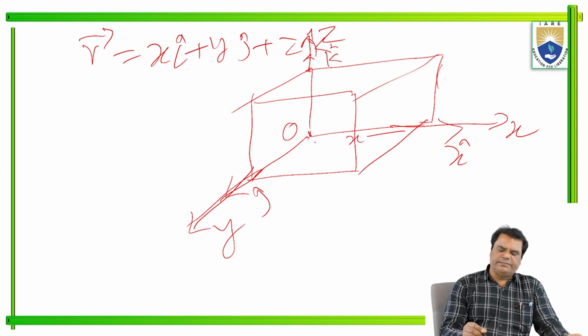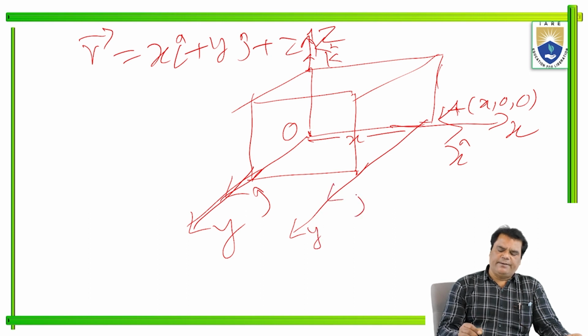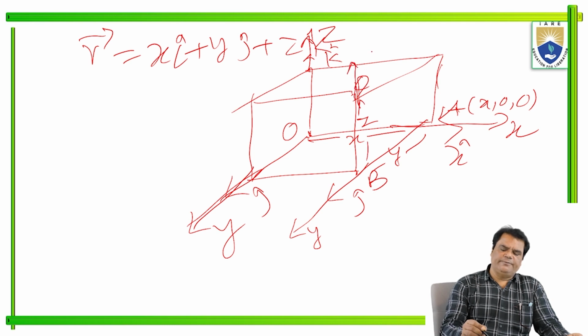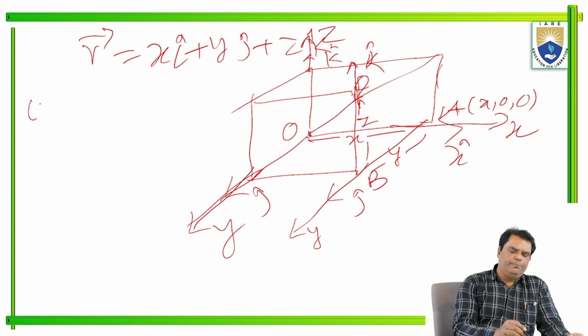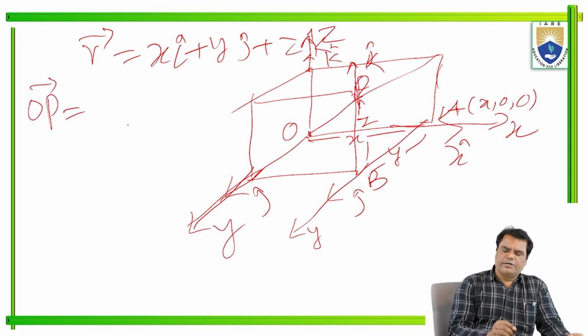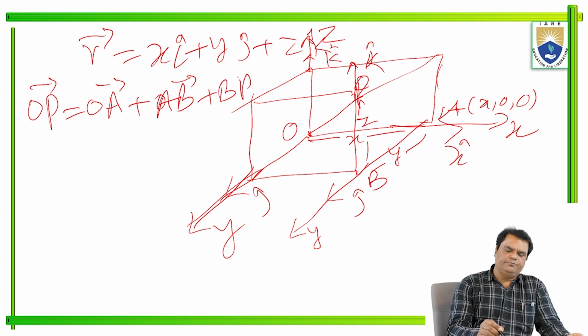So this is the x distance. This is a point x comma 0, 0. This is the y axis, this is j cap, this is y. So this is B, this is C, a point P. So this is z, this is k cap. So now OP, vector OP equals vector OA plus vector AB plus vector BP. Okay.